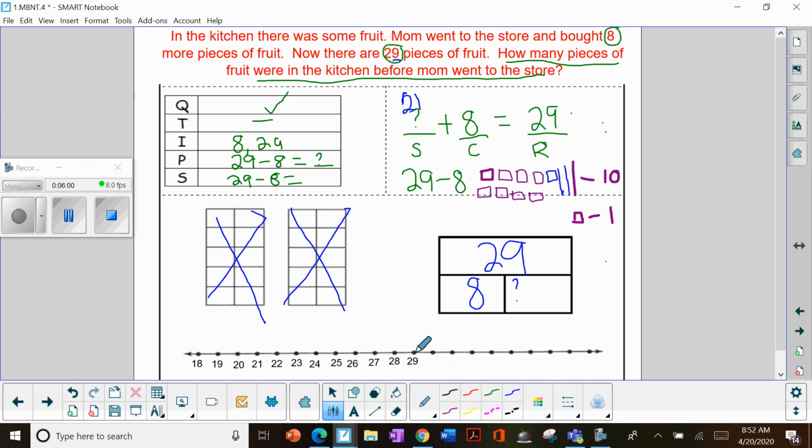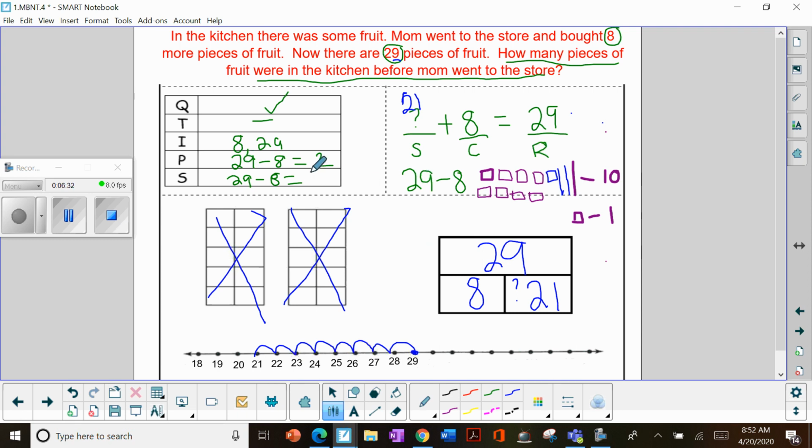So I look down here, I'm going to mark 29. And to find out what I started with before 8 were added, I've got to count backwards 8 times. So we're going to go 1, 2, 3, 4, 5, 6, 7, 8. And look what I landed on. I landed on 21. So I'm going to write in 21 here.